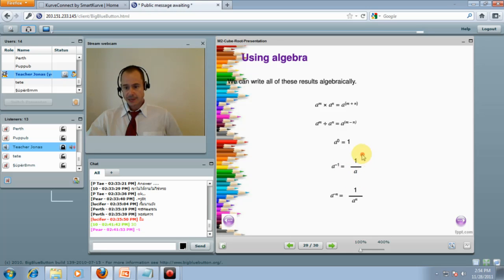So it will be a fraction. So that means if you put an n here, that means any number you put here. You have a and the index is minus n, then it's the same as 1 divided by the base a and the index n.